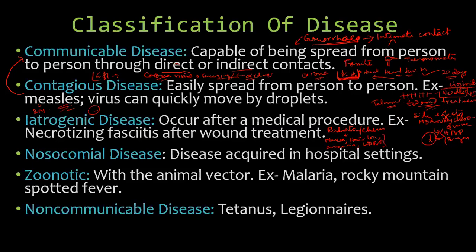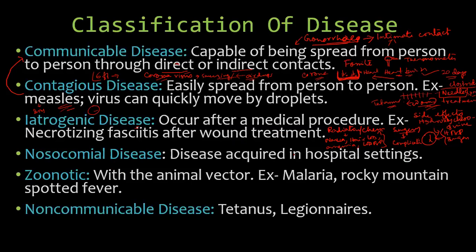So all these things you get through radiation and chemotherapy treatment. What else? Like surgery. If you had surgery, there could be some complications that can arise because of the surgery. So all these are examples of iatrogenic disease.